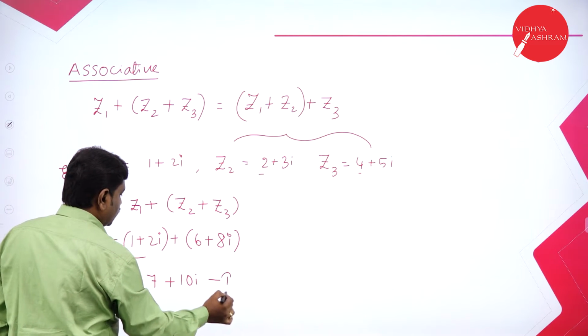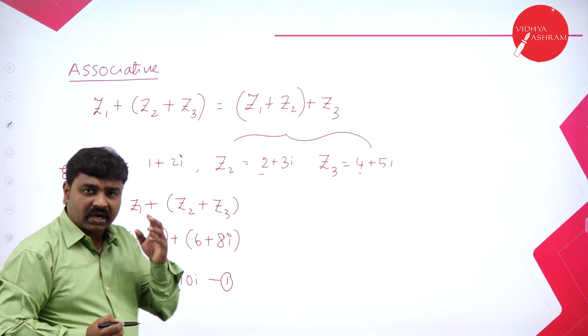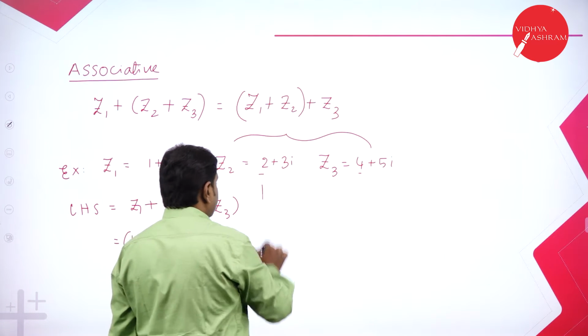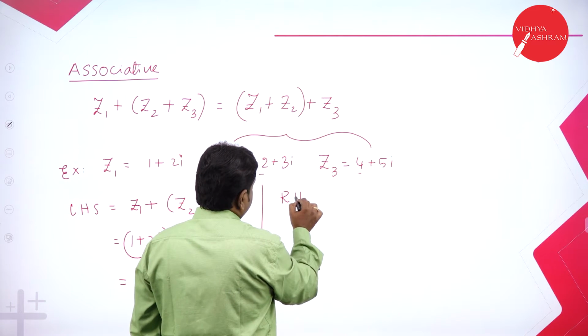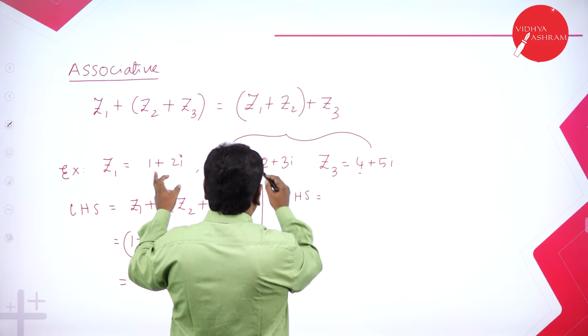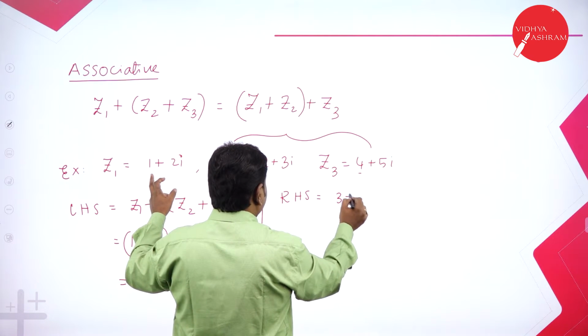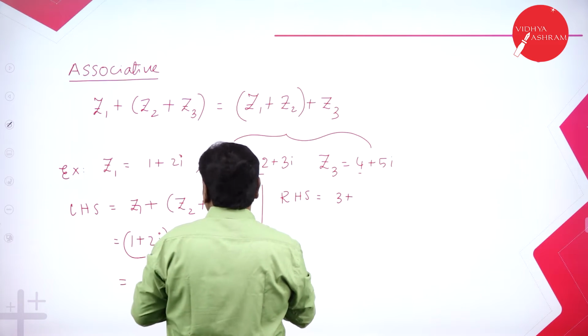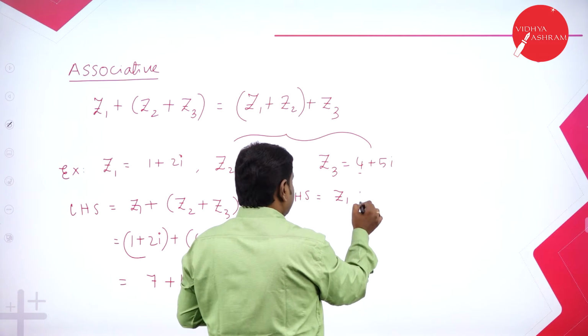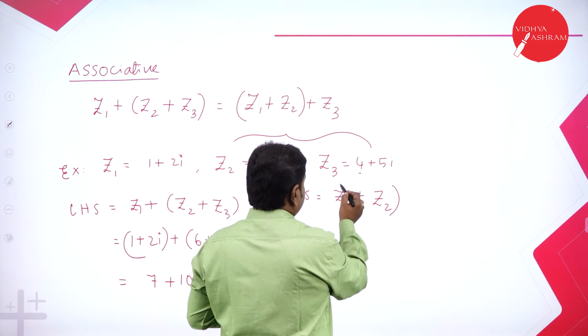Call it as equation 1. Now you perform RHS and check whether you will get the same. So take RHS. What is RHS? RHS right hand part is z1 plus z2, then plus z3.